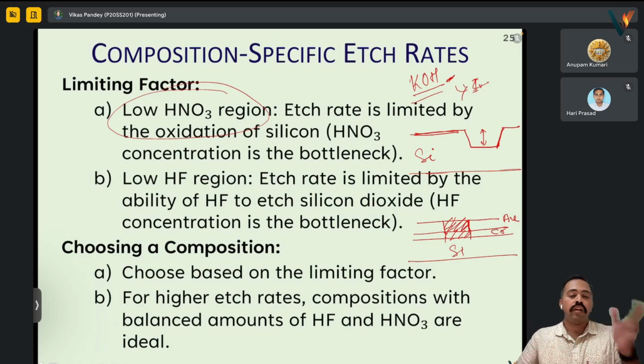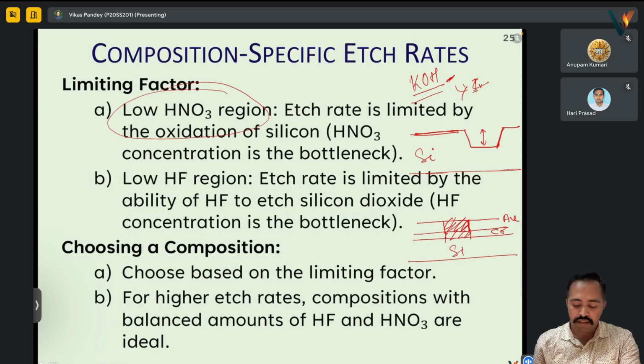Whereas if we put very little HF, then oxidation might be occurring, but the removal will take time, and that is why it will be limited by the ability of HF to etch silicon oxide.